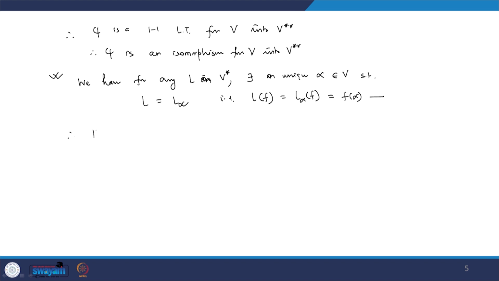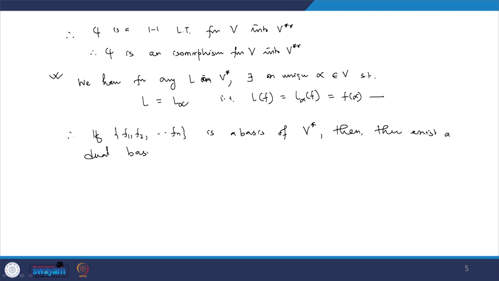So, this implies if f1, f2, fn is a basis of V star, then we know there exists a dual basis L1, L2, Ln for V double star such that Li of fj equal to delta ij, where 1 less than or equal to i less than or equal to n, 1 less than or equal to j less than or equal to n.